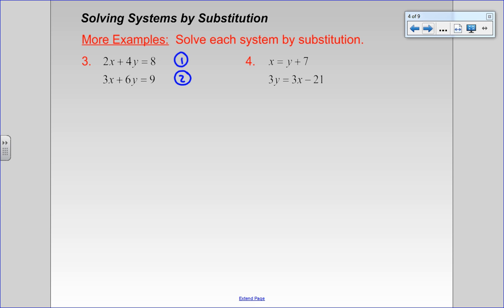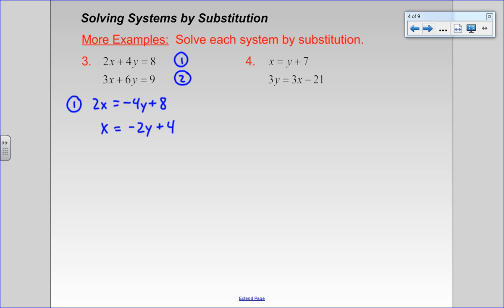Let's take equation number 1 and solve for x. First step is to subtract 4y on both sides, so that we have 2x equals negative 4y plus 8. And the second step is to divide both sides by 2, so that we have x equals negative 2y plus 4. Note that when dividing by 2 on the right-hand side, we divided both terms by 2.